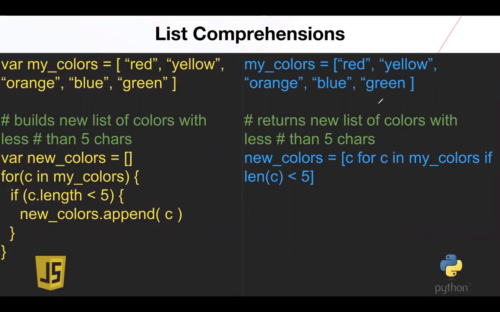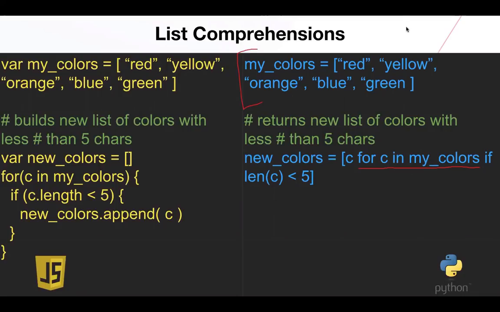Okay, so let's break down how this list comprehension is working. We see this here, which should look relatively familiar, for c in my colors. Well, that sounds like a for loop that's going to iterate through all of the colors here in my colors, okay?